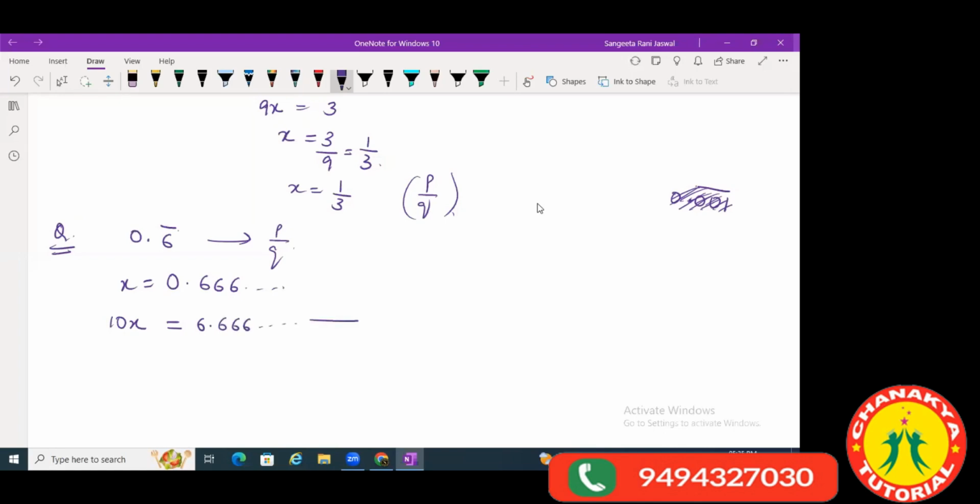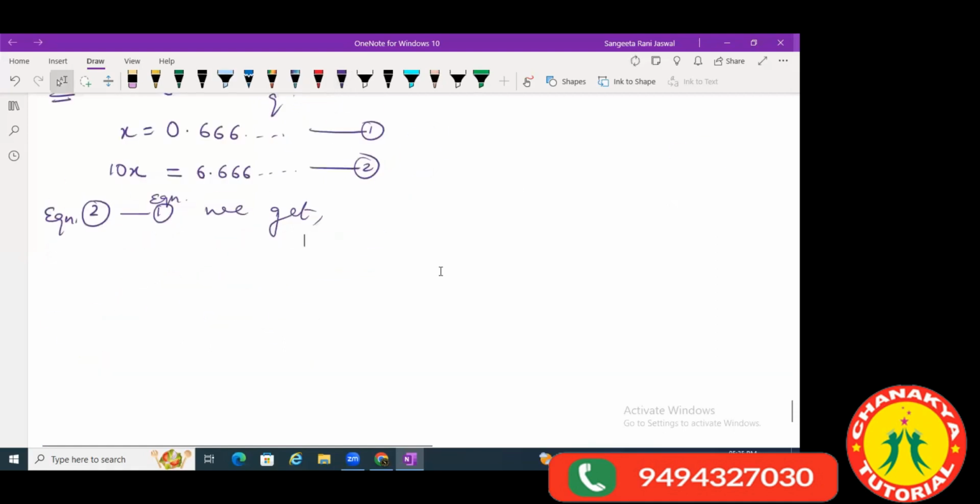So let's take this as equation number 2, this as 1, subtracting 1 from 2, that means equation 2 minus equation 1. Okay, we get 10x minus x will be 9x. And when you subtract 6.66 minus 0.66, what do you get?